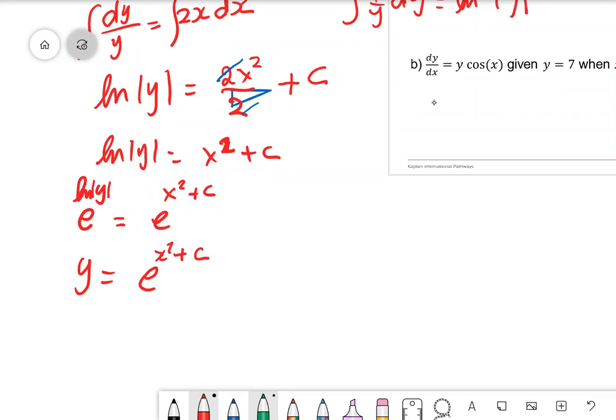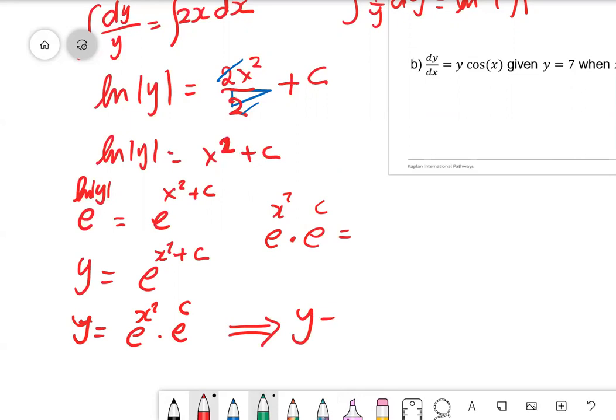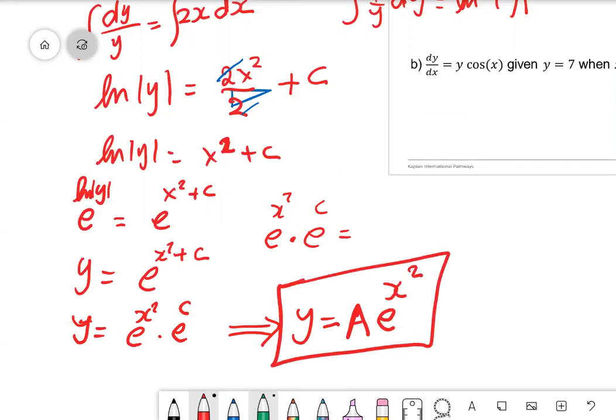And as we said earlier, we can write this as e to the power x squared multiplied by e to the power c. And e to the power c, we can call it a. So therefore, y equals a e to the power x squared. This is the general solution.